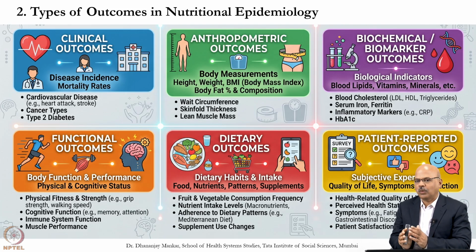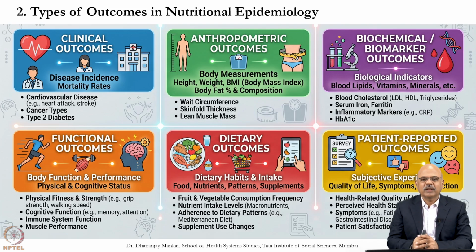Biochemical biomarker outcomes, which are seen as of prime importance nowadays as biological indicators, like blood lipids, vitamins, minerals. For example, blood cholesterol, LDL, HDL, triglycerides, serum iron, ferritin, inflammatory markers, for example CRP, and HbA1c. You can understand through these biological indicators what these outcomes are.